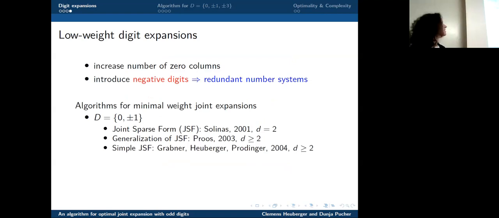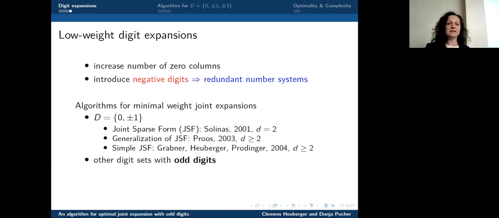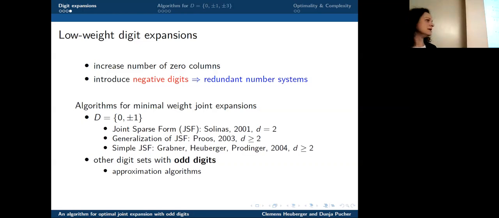Okay, so we have 3 existing algorithms for these digit sets. And if we consider other digit sets with odd digits, but I repeat, with odd digits, and of course digit 0, then in this case we have only some approximation algorithms. And this means that they have a certain offset to minimal weight. And how do we know that there exists an offset to minimal weight?